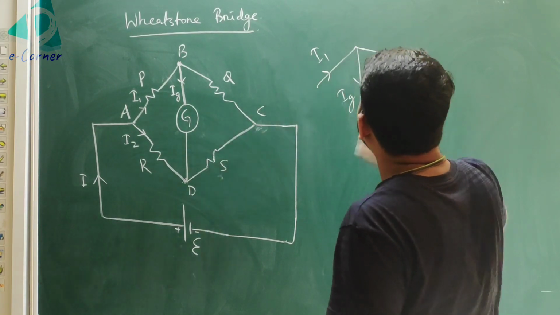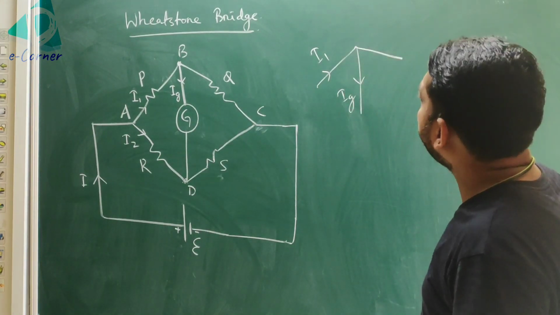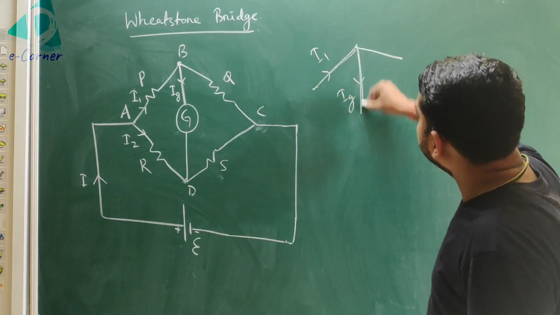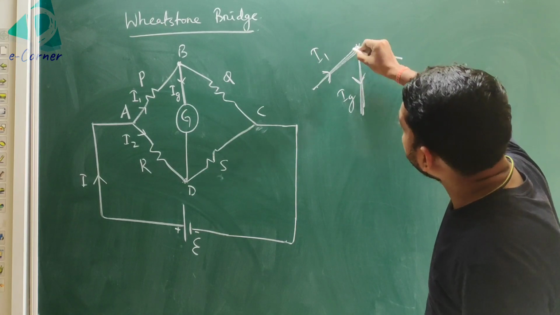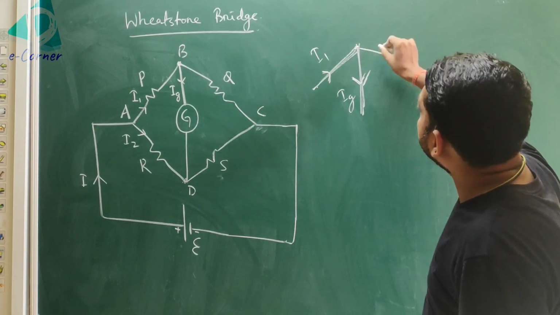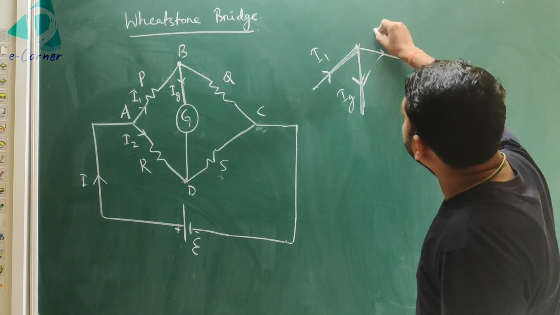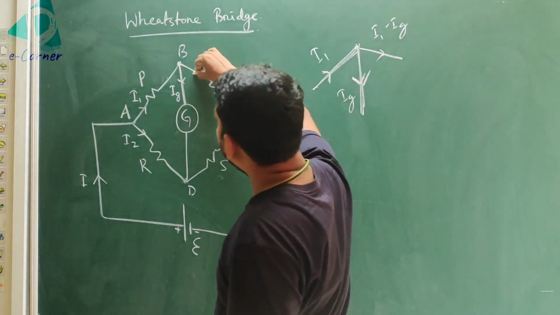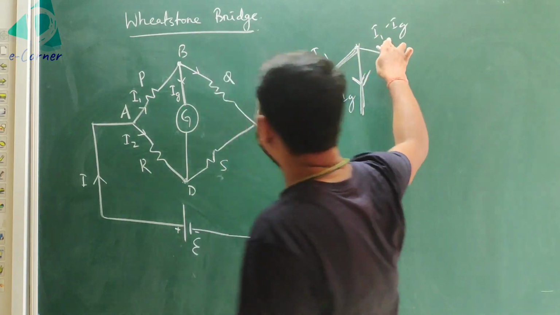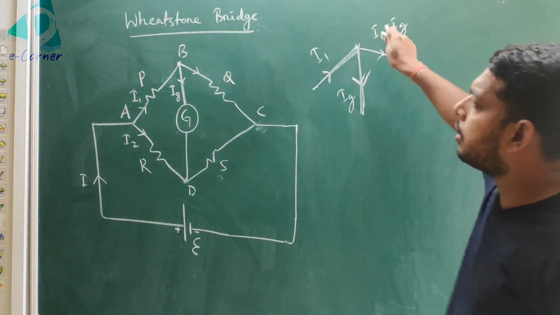How much current will flow? I1 is coming into this point and Ig is leaving. What is the value of this one? Due to KCL, Kirchhoff's current law, I1 minus Ig.